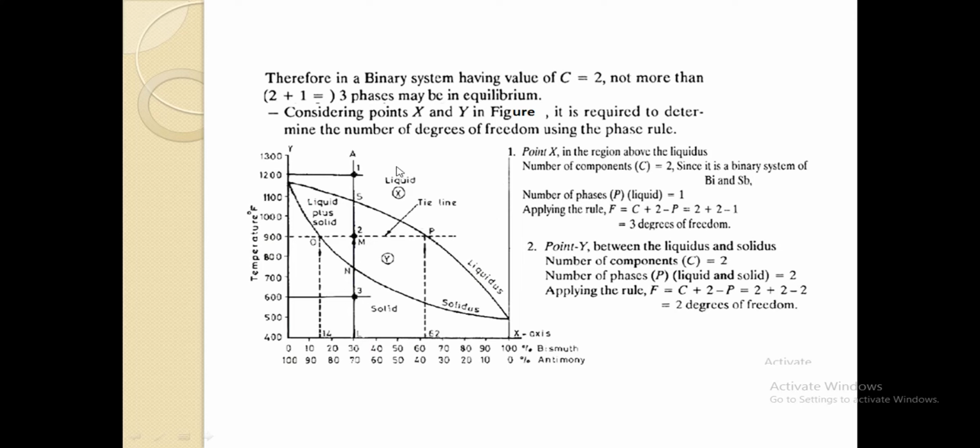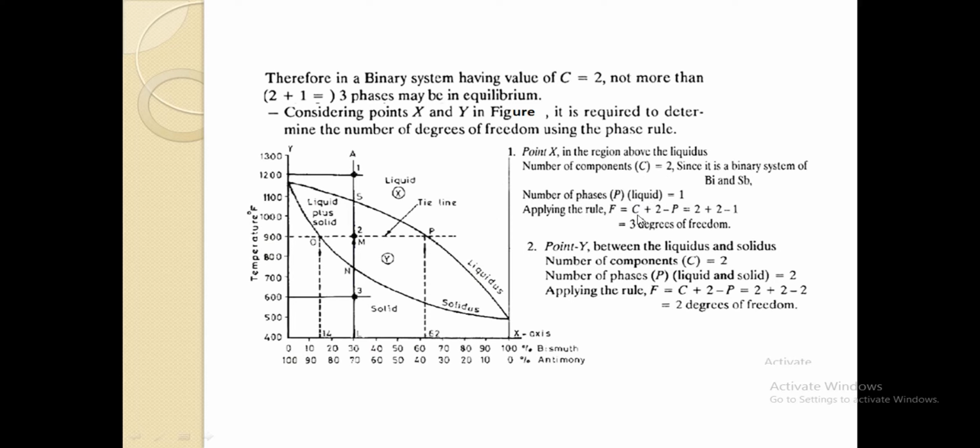Considering points x and y in this figure, it is required to determine the number of degrees of freedom using the phase rule. Point x is in the region above the liquidus. So the number of components C is equal to 2 since it is a binary system of alloys. Number of phases P, liquid, equal to 1.